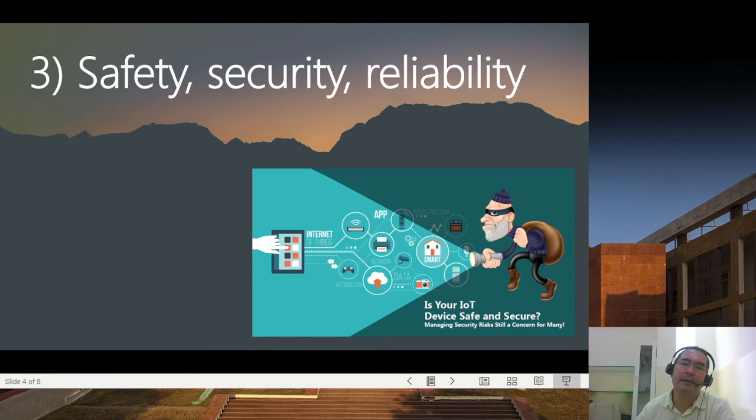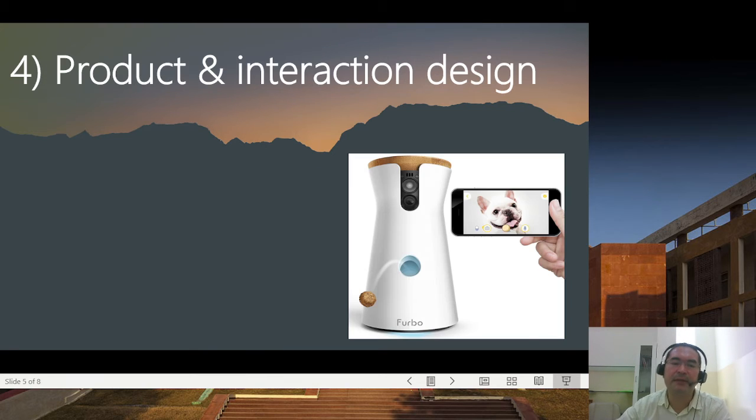Nowadays, all the experts consider cybersecurity in all aspects to be one of the most important obstacles for IoT services to be considered safe. So, principle number three: safety, security, and reliability.